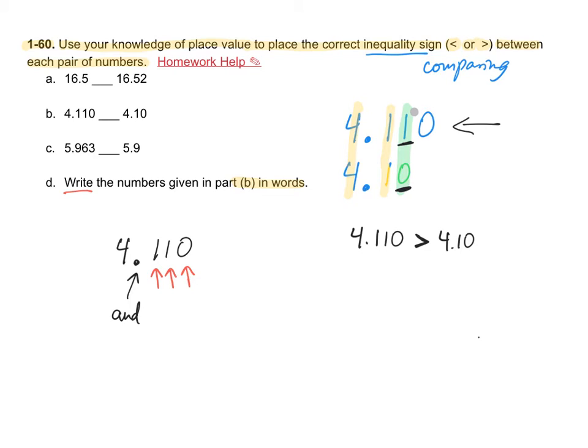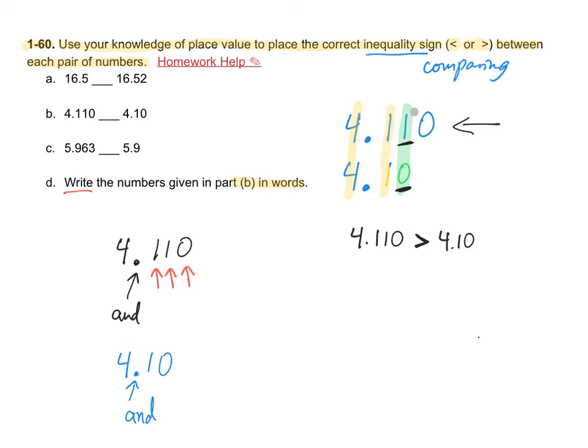For the second number we need to write in words is this number right here. So now I'm going to say it correctly, and you guys are going to write. I'm saying it, you're writing it. I see the number 4, so I'm saying 4, but as soon as you see the decimal, we're using the word and. So we're separating the whole numbers from the decimals.